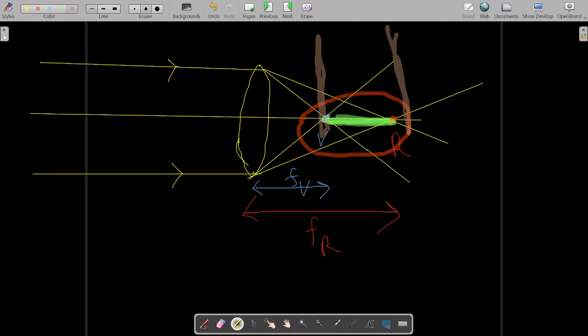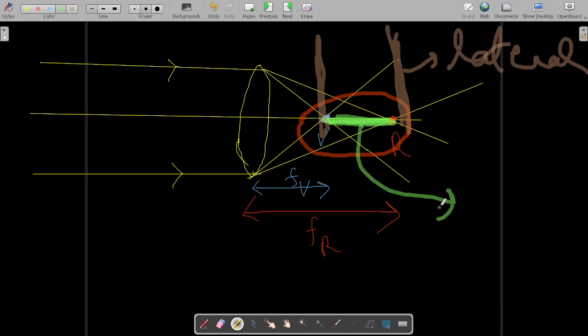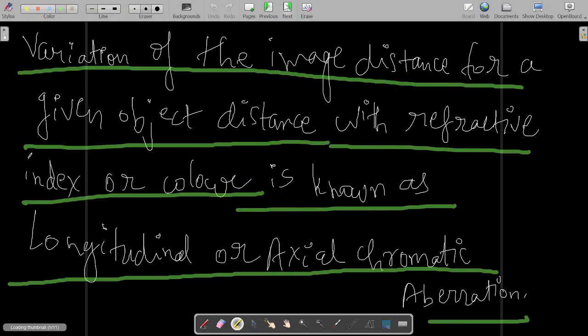So as we are talking about perpendicular to the axis, that's why we are calling it lateral. Okay, and when we were talking along the axis, we were calling it longitudinal. Okay, so this is the thing.